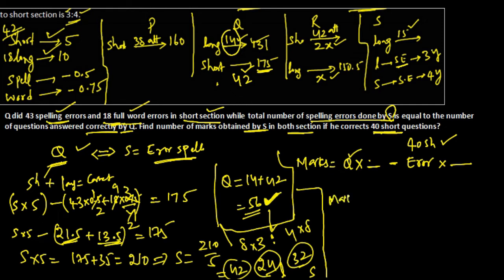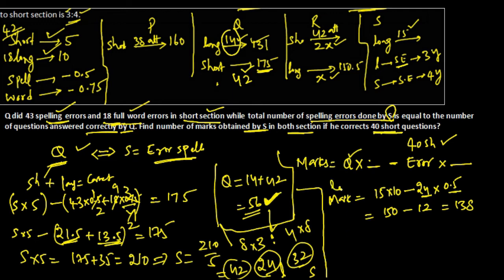What is the marks? So first long marks we'll find out, that is nothing but 15 into 10 minus we have done 24 errors. Each error is a spelling error, each error carries 0.5 marks. This is nothing but 150. 24 into 0.5 means half of 24, this is 138.